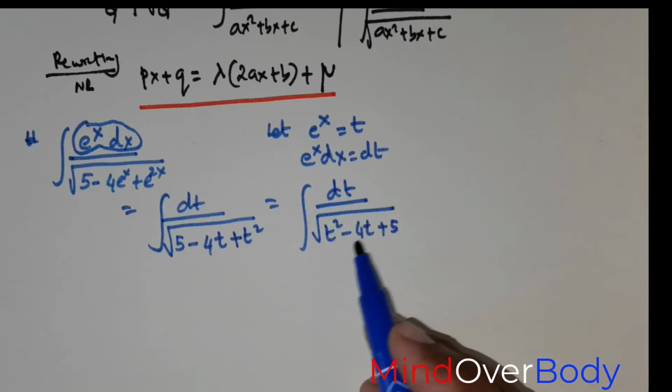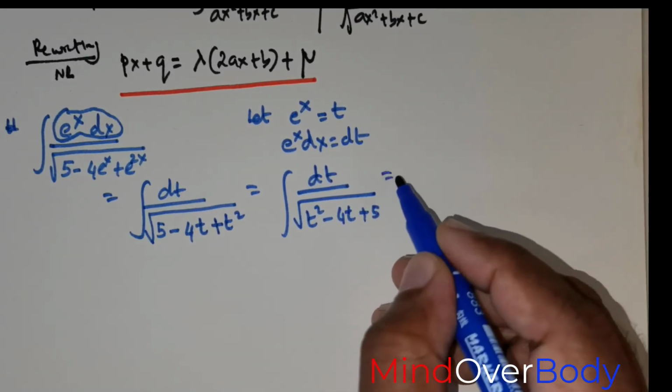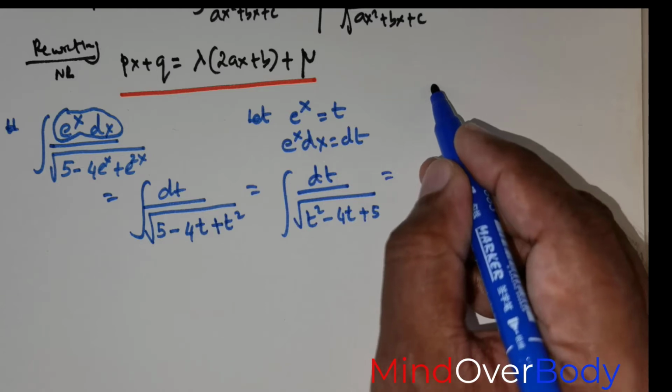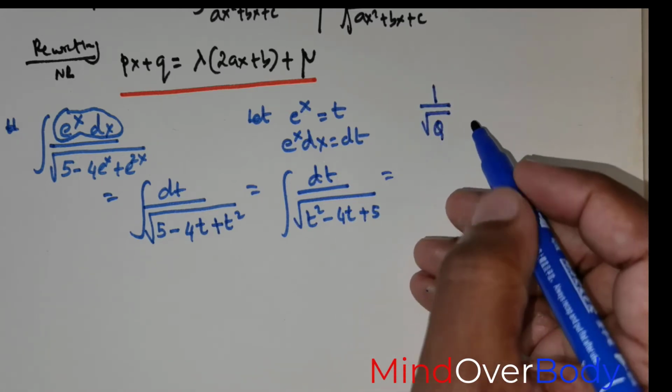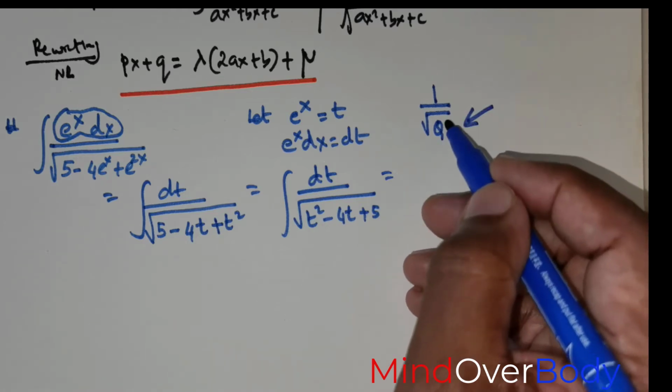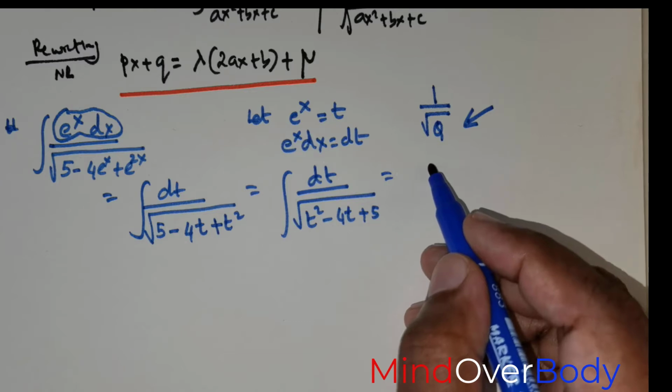Now this is algebraic, right? So this is a quadratic. If you have something like this, say 1 over the root of a quadratic, then according to the key we need to rewrite this as a perfect square. So that's exactly what I'm going to do.